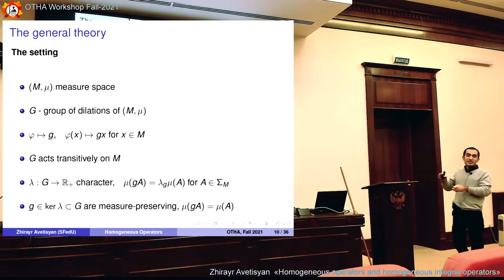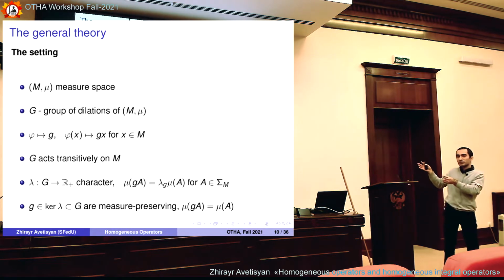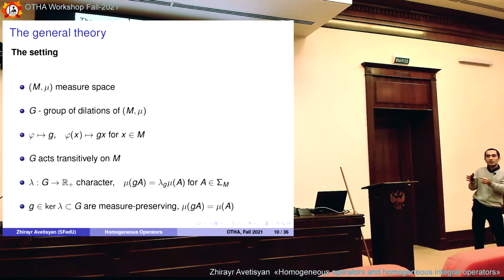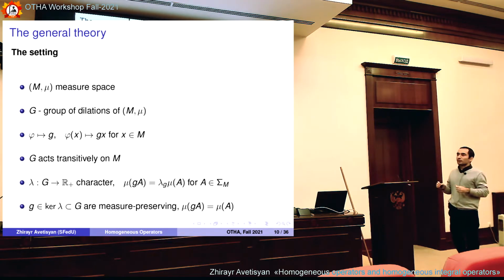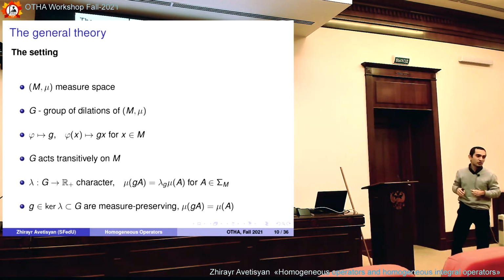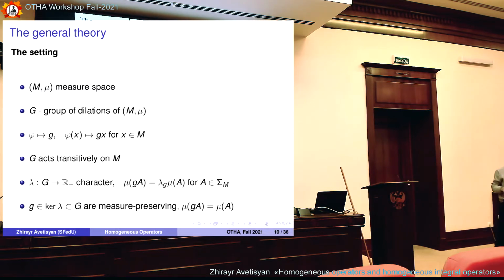But unlike the classical case where we were able to unambiguously factorize the group into SO(n) that doesn't change the measure and R that does change the measure, in general, we won't be able to factorize G into such two groups, the kernel and something else. So we'll refer to all elements g as dilations, no matter whether actually they dilate the measure or not. Okay.